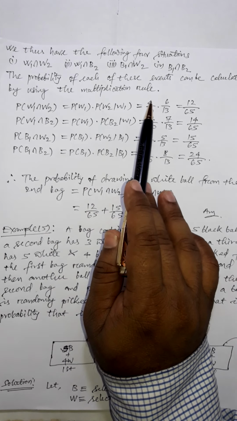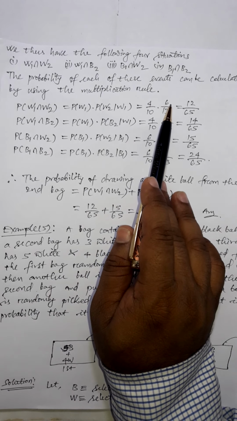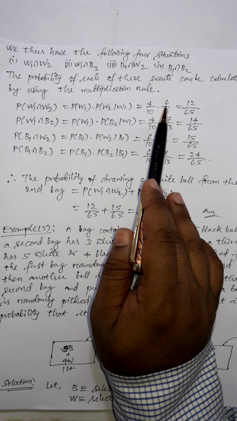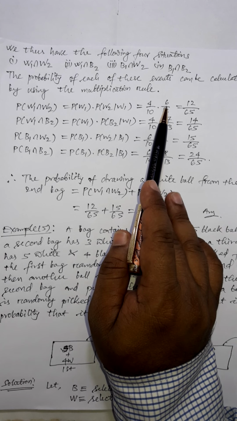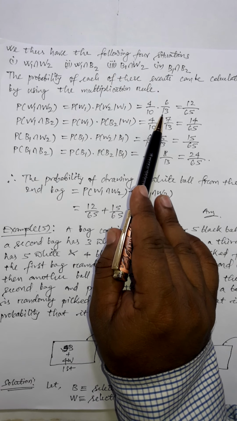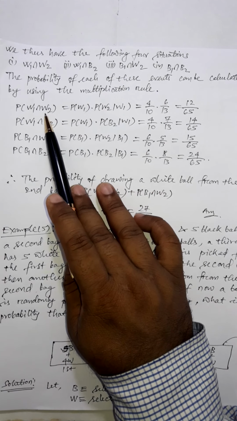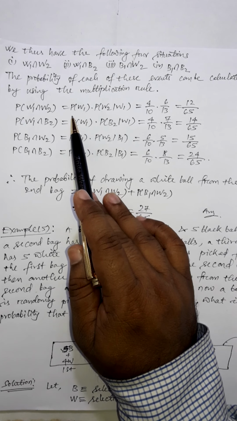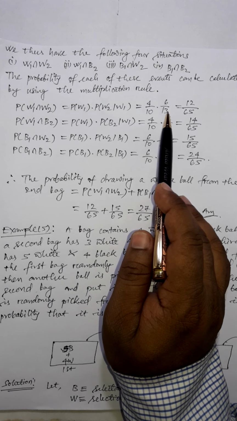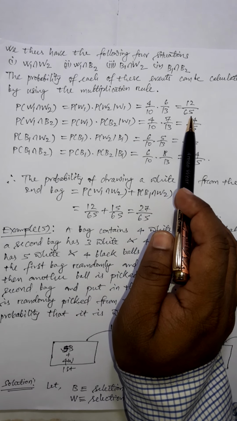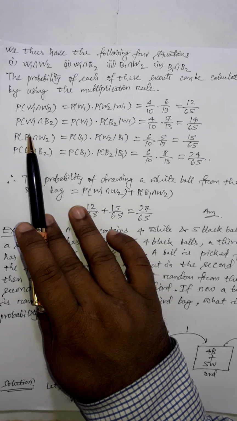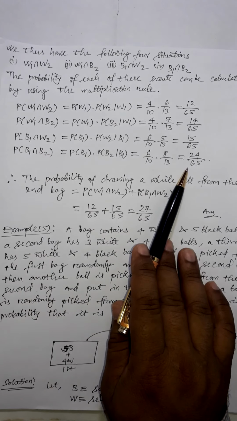After taking it from the first bag and putting it in the second bag, the number of white balls in the second bag will increase by 1 and become 6, and the total number of balls will also increase by 1, that is 13. So the chance of drawing a white ball from the second bag will now be 6 by 13. So the total after multiplication will become 12 by 65. We can cancel it in some way, but we'll keep it for further calculations. In this way we can calculate all the probabilities.